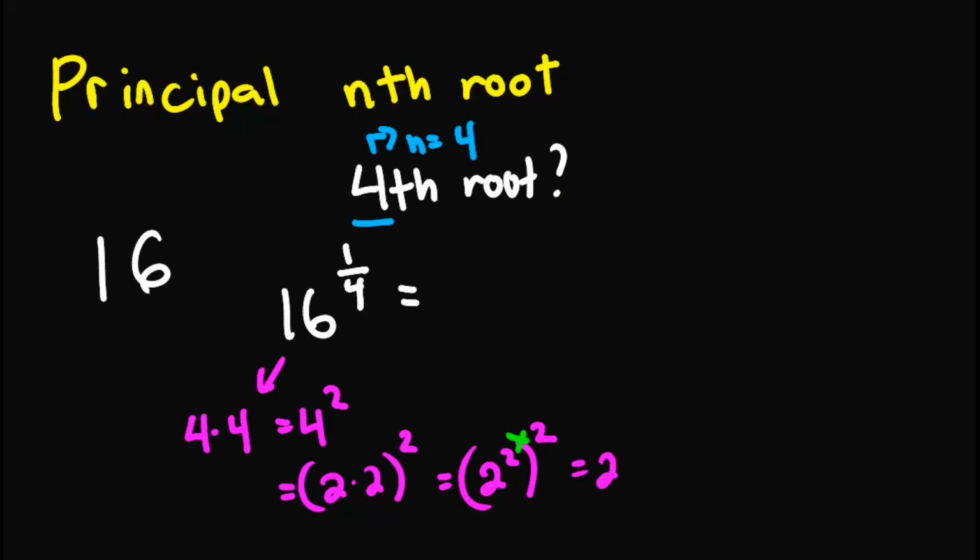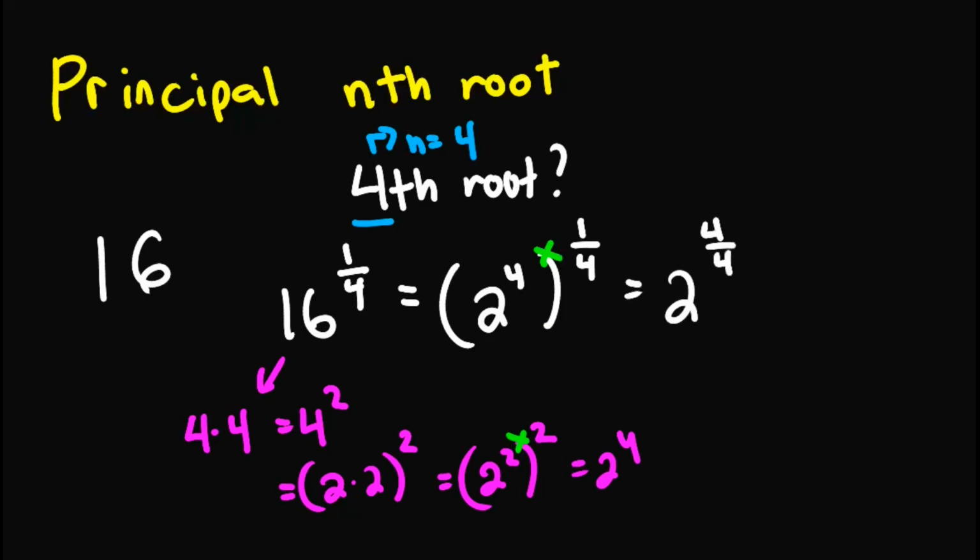So this one is 2 raised to 4. So we know that 16 is equal to 2 raised to 4. So we'll have 2 raised to 4 raised to 1 over 4. Multiplying the exponents, we'll have 2 raised to 4 over 4, or simply 2 raised to 1, or 2. So the fourth root of 16 is 2. So that is how the principal nth root works.